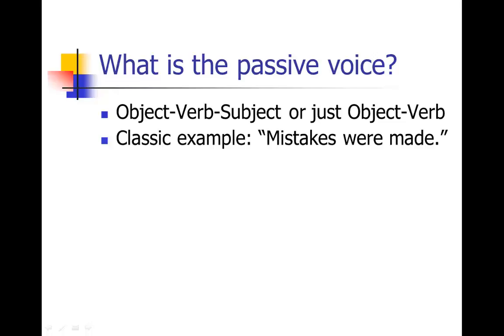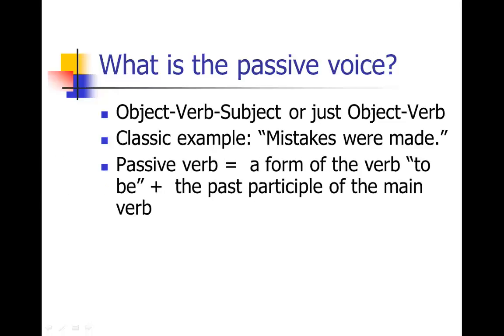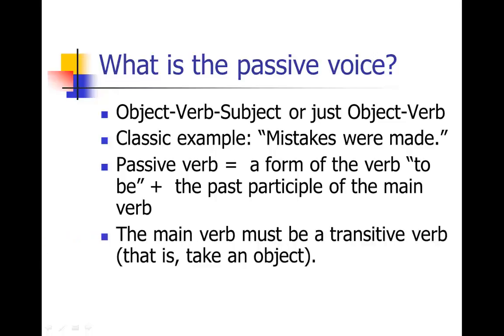You can recognize the passive voice by looking for the passive verb. And that verb will have 2 parts to it. It will have a form of the verb to be, that's is, are, was, were, be, been, or am. And then it will have a main verb that will be in the past tense. And that main verb has to take an object. It's what we call a transitive verb.